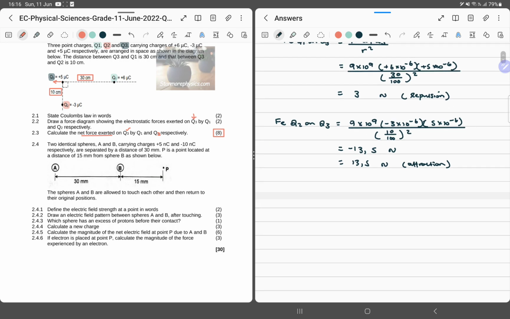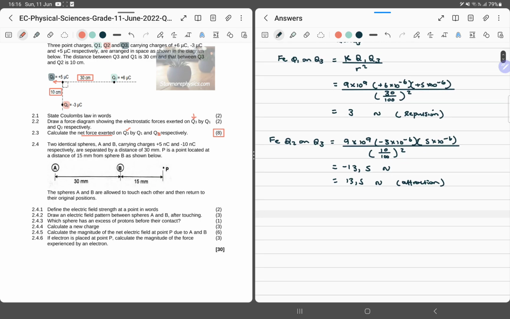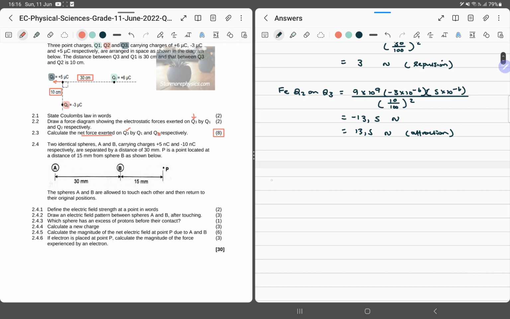Okay, so now that we've got these forces nice and easy, to do the resultant, we just use Pythagoras, because that's essentially what is important.